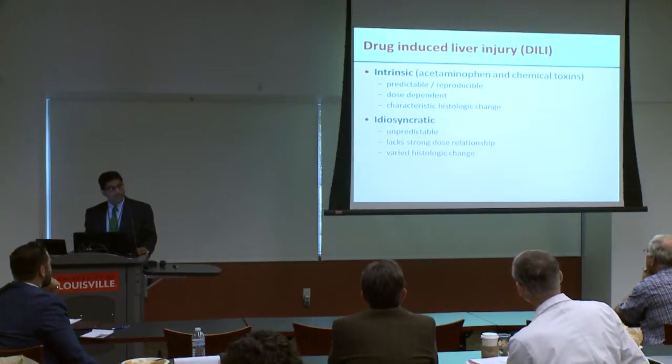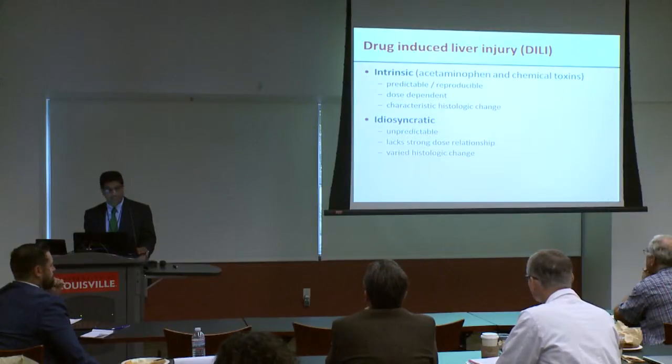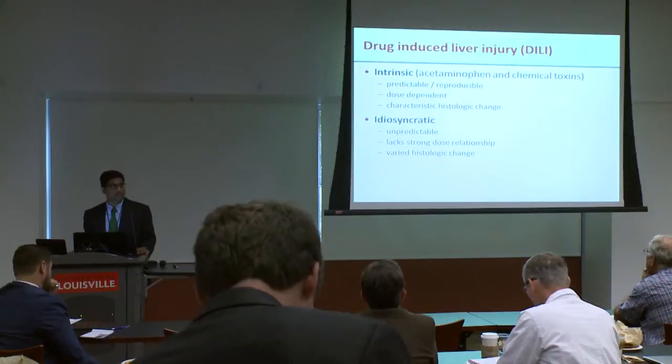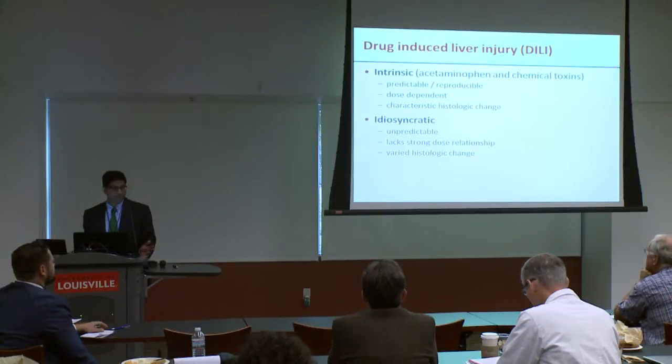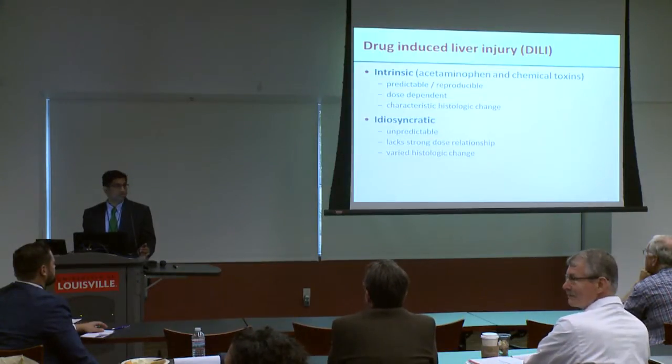Drug-induced liver injury is basically two types, which is intrinsic. Classic examples are acetaminophen and chemical toxins. So if we are talking about environment-induced liver injury, maybe we have to think in terms of intrinsic liver injury. This is predictable, reproducible, maybe dose-dependent all the time, and then there is a characteristic histologic change.